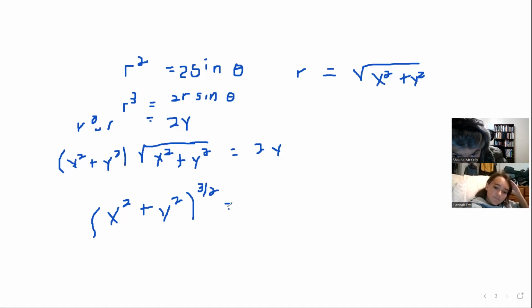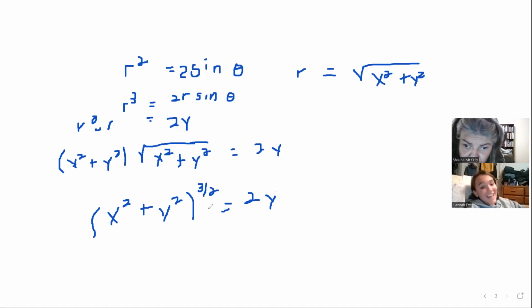And I assume that she would not want you to solve for y because that would be really ugly. So I'm assuming an implicit form, but you could do it, but it's not something that we're entirely used to.